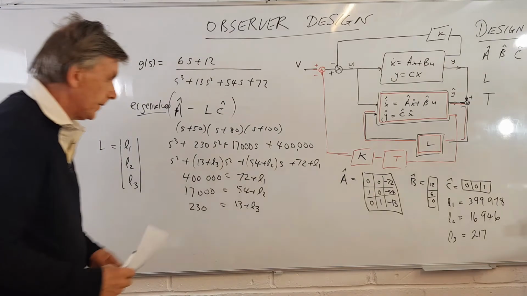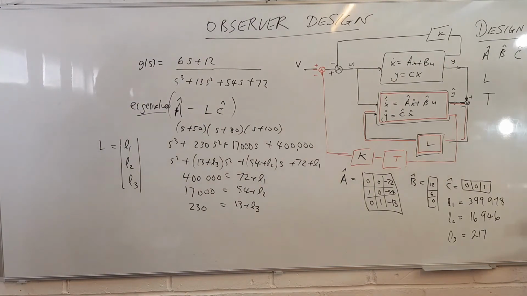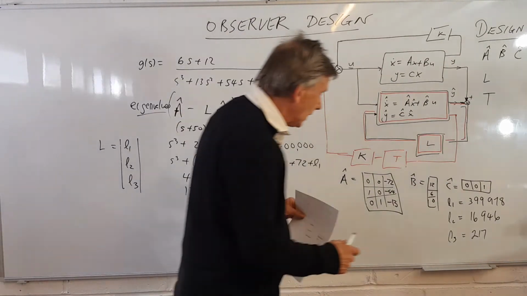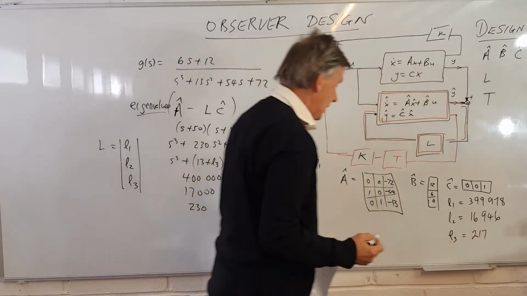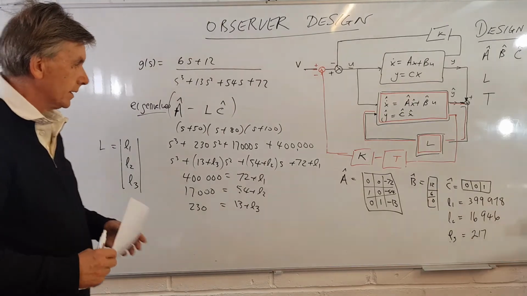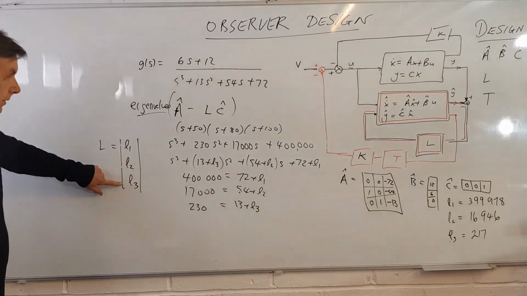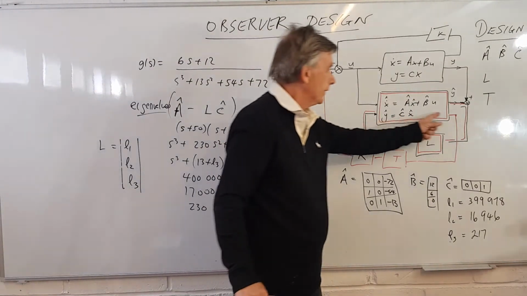So that now gives us the next part of our design. So we've now got L1, L2 and L3. So those are the parameters for L1, L2 and L3 that go in this feedback control system.